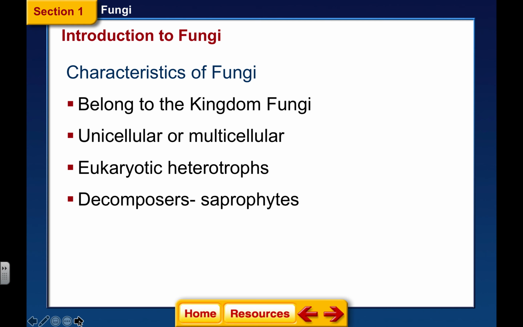Okay, and also fungi are a type of decomposer called a saprophyte. Now, saprophyte, there's all kinds of decomposers. Bacteria are decomposers. Fungus falls into a group of decomposers that only feed off dead and dying material. So that's what a saprophyte is.